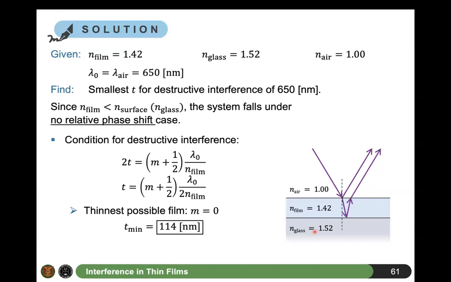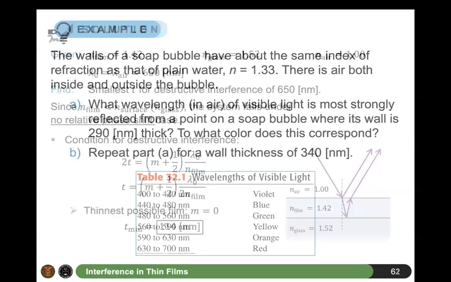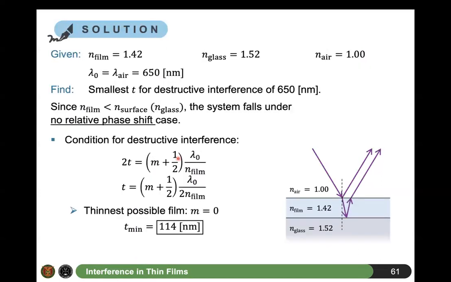Kapag nag-increase then bumaba or bumaba then nag-increase, half cycle phase shift. And then apply yung conditions for either destructive or constructive interference. Kapag thinnest, yung smallest t, smallest thickness, always m equals 0.